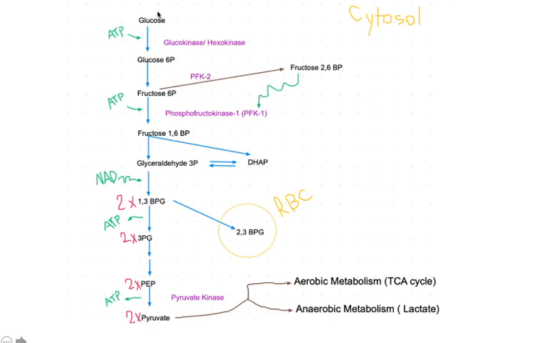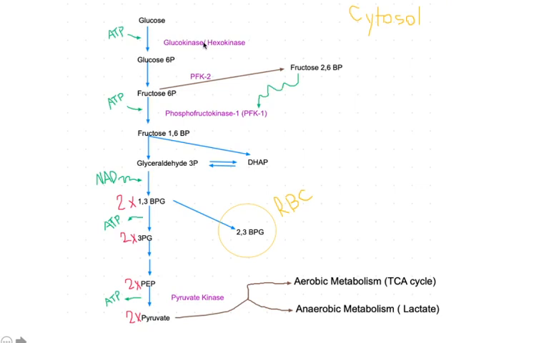So let's start. What happens when glucose enters the cell? An enzyme adds a phosphate group to glucose to trap it inside the cell. We will call this enzyme glucokinase or hexokinase, and there are differences between these two enzymes. I will talk about that at the end of this video.